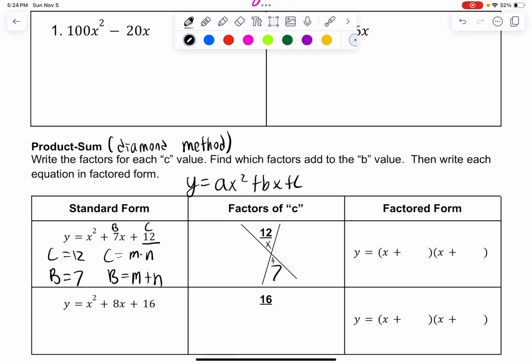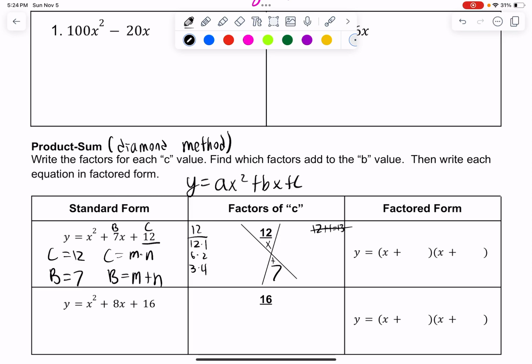So let's break that down. If I'm looking at my factors of 12, I have 12 times 1, 6 times 2, and 3 times 4. So those are my factors that I could possibly put here or here. But let's look at which ones add to 7. 12 plus 1 gives me 13.